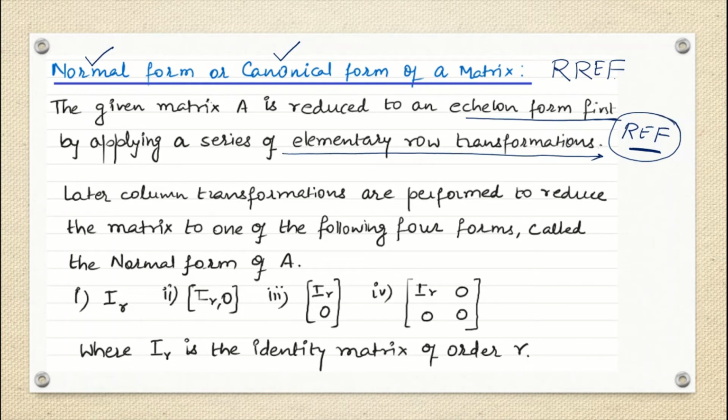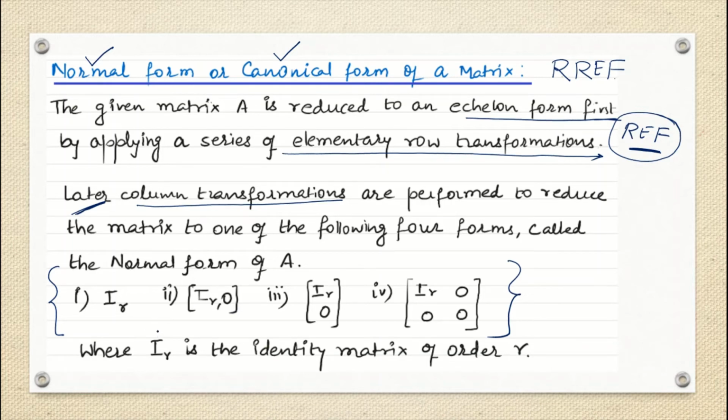After that, what do we have to do? Now we are going to do the column transformations to reduce the matrix to one of the following four forms. These forms are called the normal form of any matrix A, or reduced row echelon form, or canonical form of a matrix.